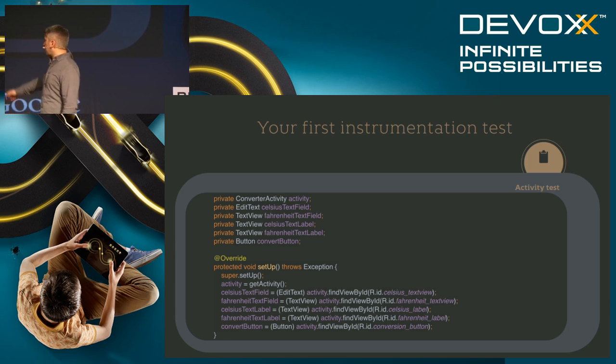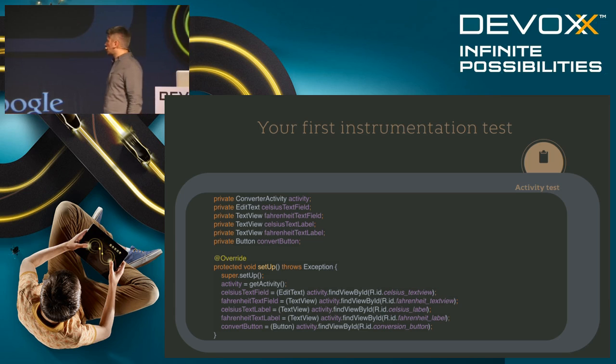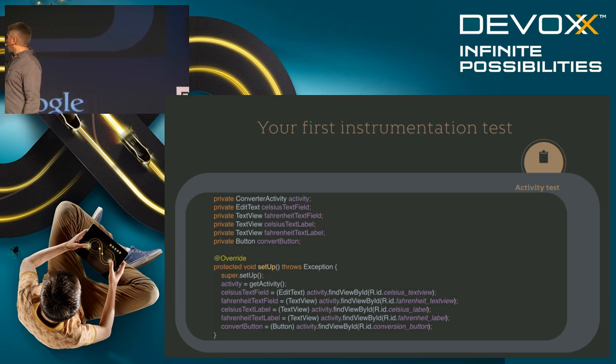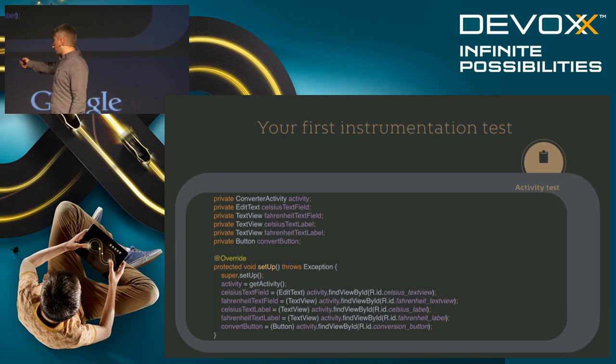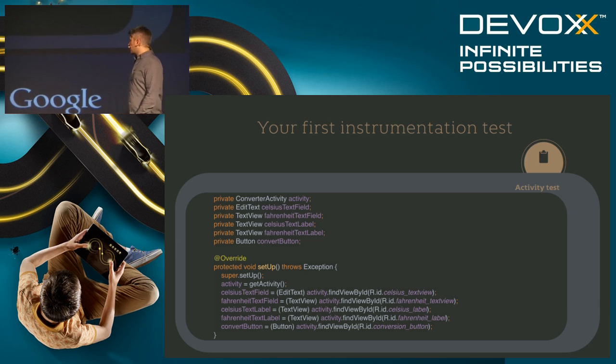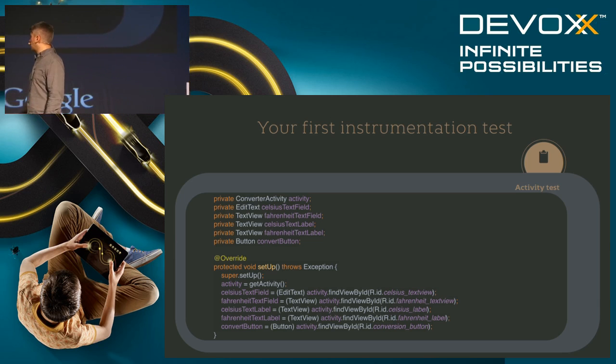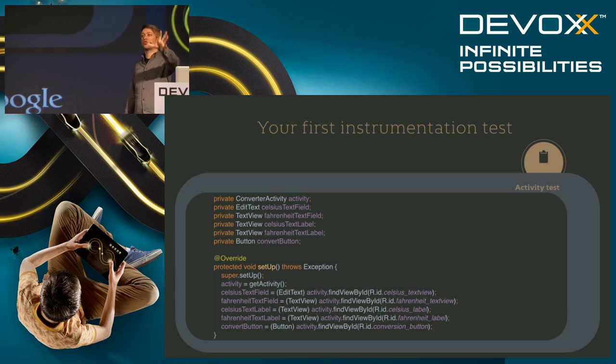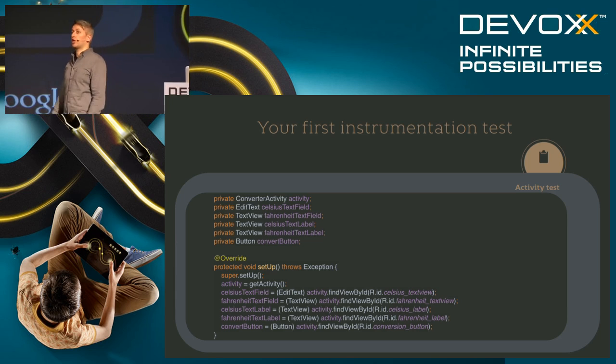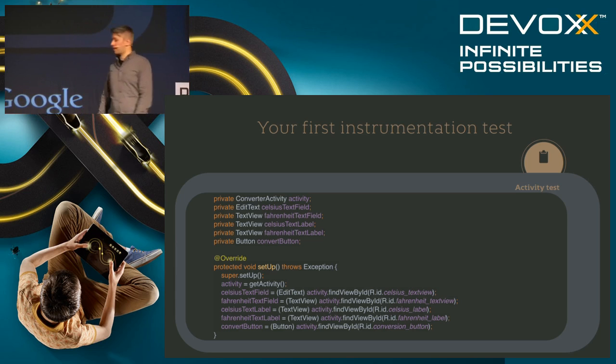During the setup of my test, you see that I get hold of whatever I need from my application. So if I want to get all my text fields, if I want to get my button and so on, I need to do all my find view by IDs and store them as fields in my class. And you also see that, as I said, you need to do get activity, so that the real application activity will be started by the instrumentation framework.